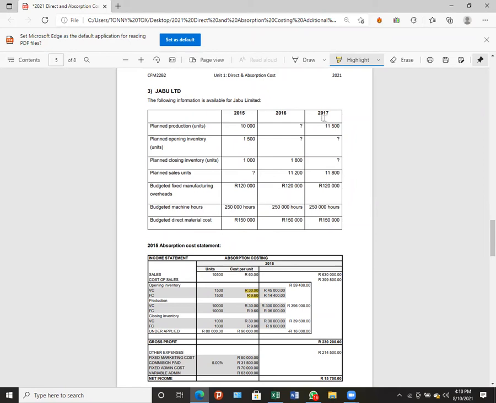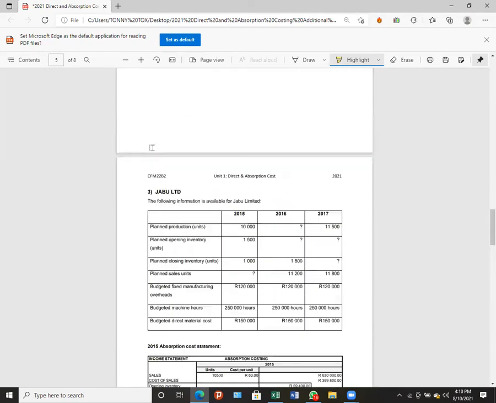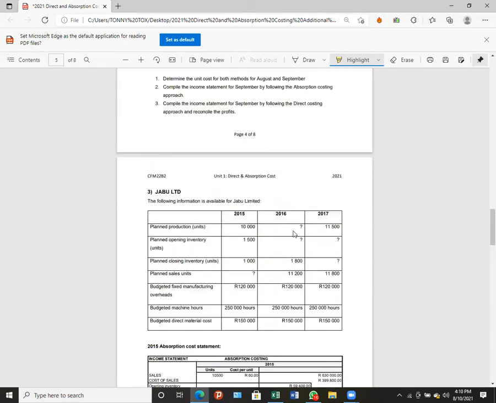And then we're provided with the absorption cost statement for 2015. And for the production statement, we have question marks where we need to complete the information.